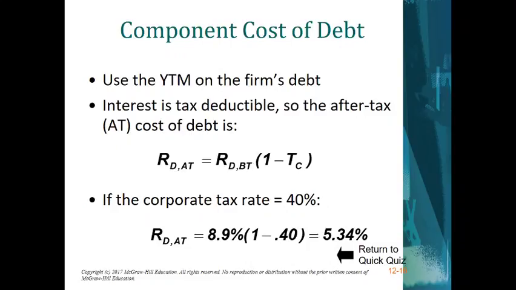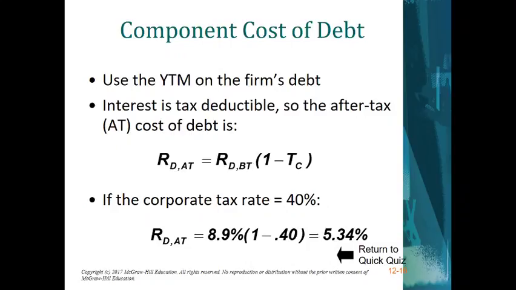Now here, what you're doing is taking that yield to maturity, and you have to consider the after-tax cash flows, okay? So in this case, you use the yield to maturity as your return on the debt, and then you figure out the after-tax effect.